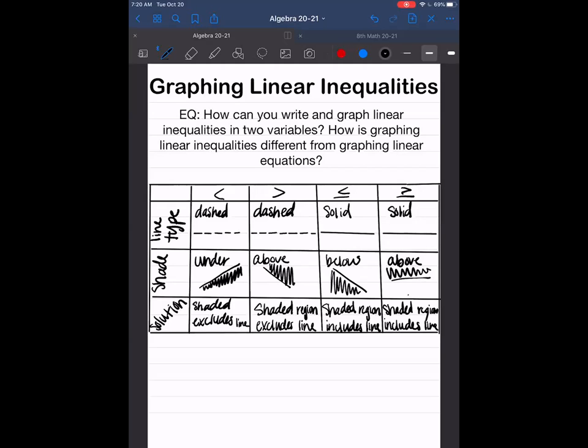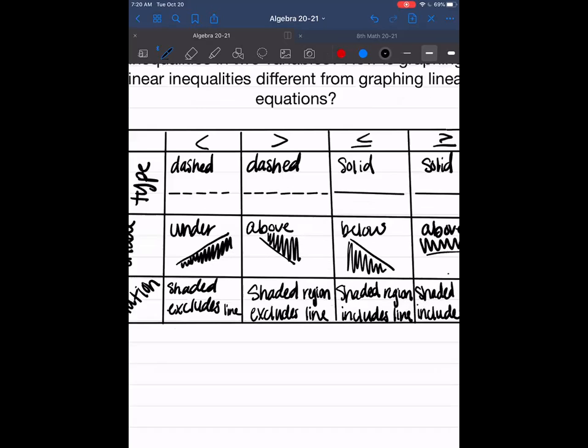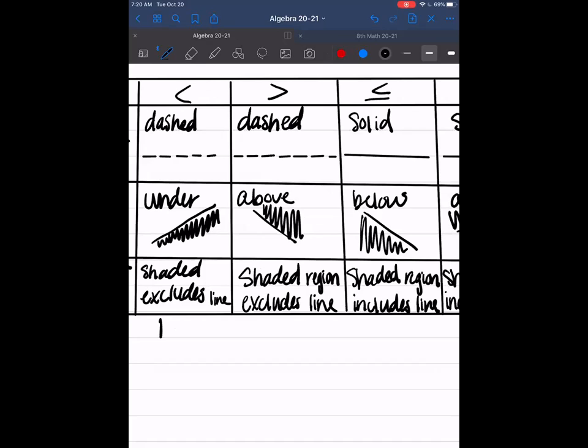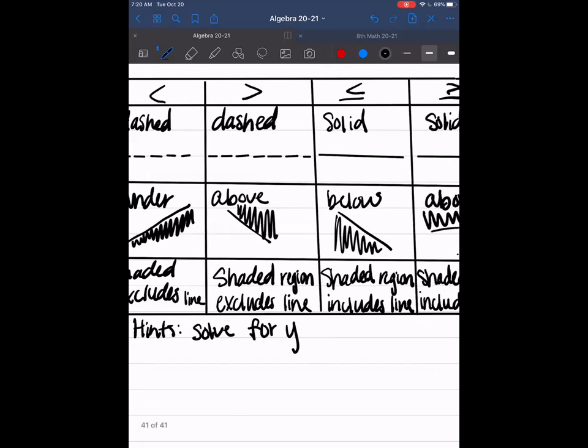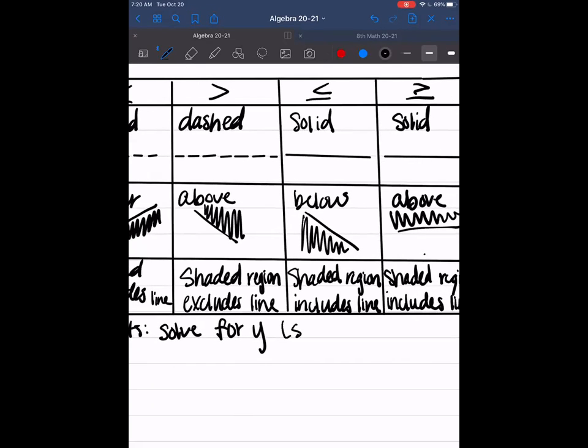So I'm going to give some hints before we start. Solve for y to get the slope-intercept form when you're graphing, because that is the easiest one.